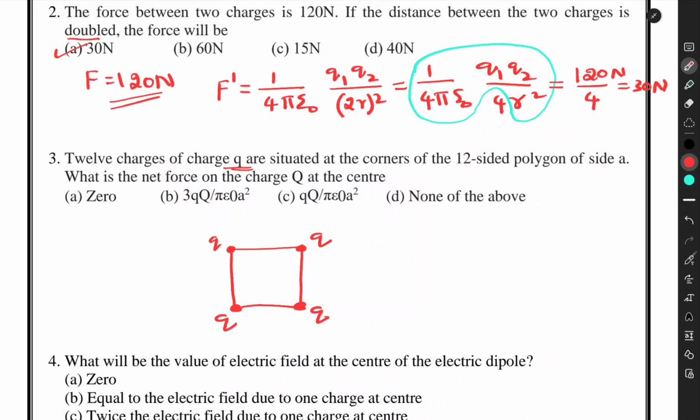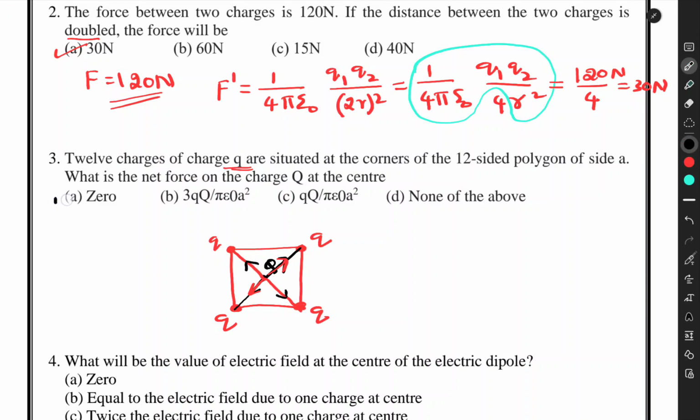So at 4 corners of the square there are 4 charges. If I keep one test charge here, what is the net force on this? It is 0. Why? Because this charge applies force on this in this direction, and this charge applies force in this direction. So forces are equal and opposite in direction, so they get cancelled. In the same manner here also, along another diagonal, this force gets cancelled with this one.